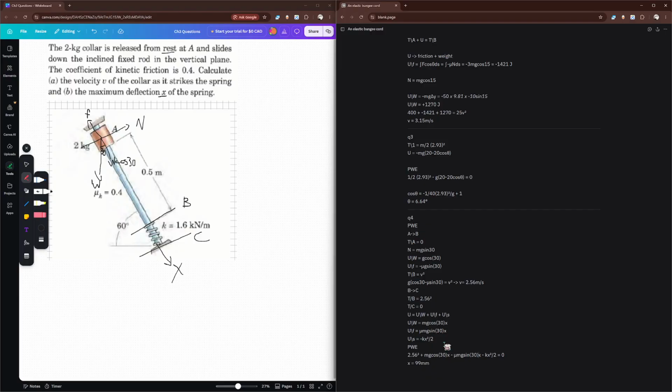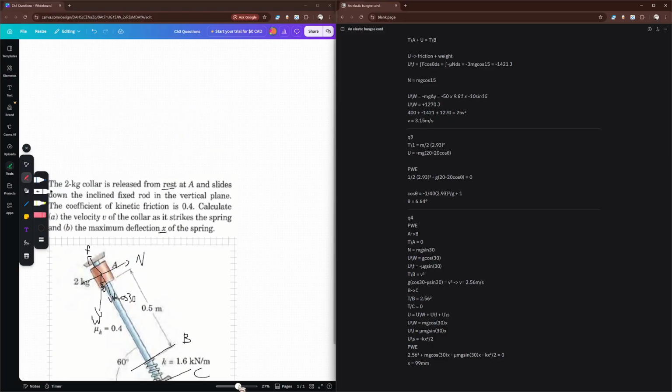And then you have your kx squared over 2, and a constant. So this is a nice quadratic that you can put into your calculator and get an x that gives you 99 millimeters.